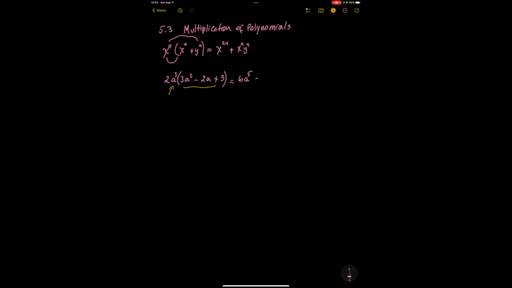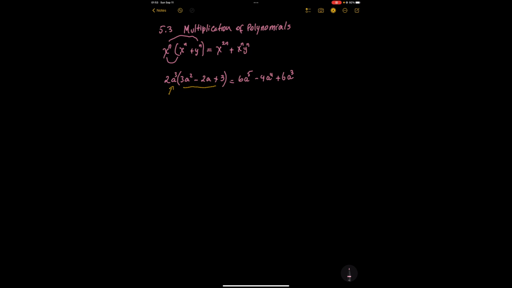Minus 2 times 2 is equal to 4, a cubed times a will be equal to a to the power of 4. Plus 2 times 2 is equal to 6, and a cubed times 1 is equal to a cubed. And that's what you're going to get from this right here. So this is basically when you're multiplying polynomials.